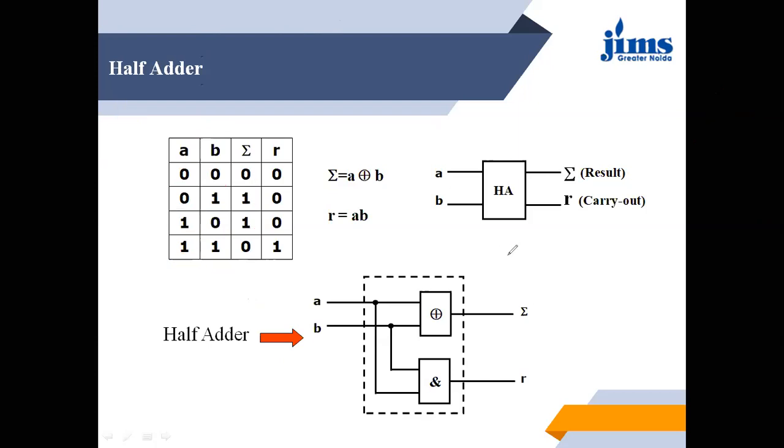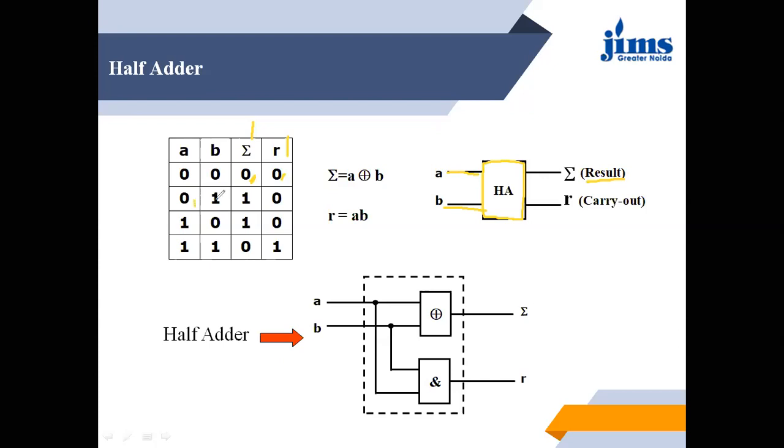So this is the thing. So the circuit for this, for an example, is a half adder. This is a combinational circuit of half adder in which there are two inputs A and B. Sigma represents the sum, that is the result, and R represents carry. When we are adding 0 plus 0, result is 0, sum is 0, and there is no carry.